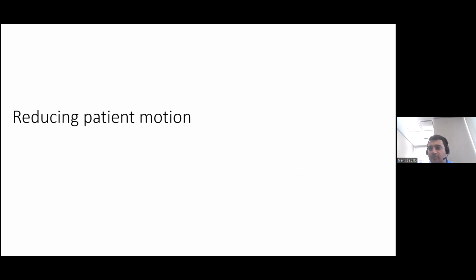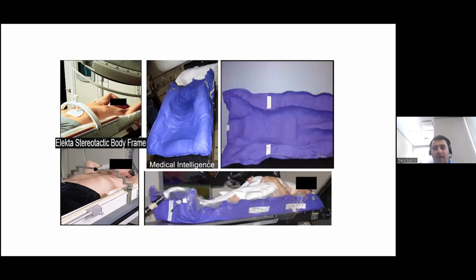To reduce patient motion once you lay on the table, and to reduce setup uncertainty, we have different types of immobilization devices. Different vendors have different solutions. For example, Elekta has a stereotactic body frame. This also includes some abdominal compression, which is a very common method of immobilization in GI tumors when you're trying to reduce the amount of motion.